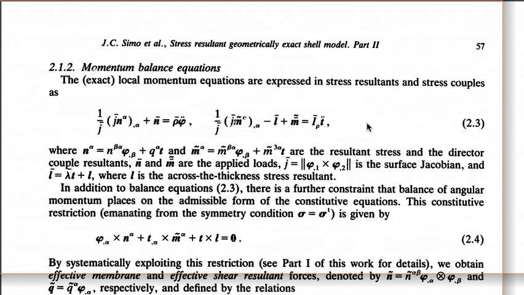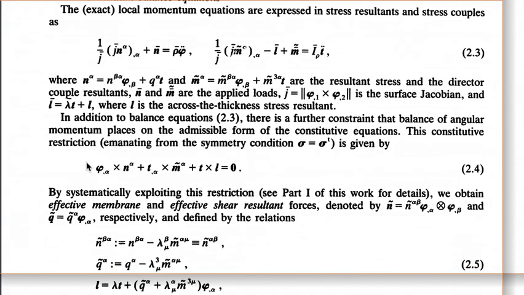So this equation's derivation is clearly understandable, and it comes from basic continuum mechanics. And this is the equation of angular momentum conservation, which is analogous to the sigma equals sigma transpose equation.